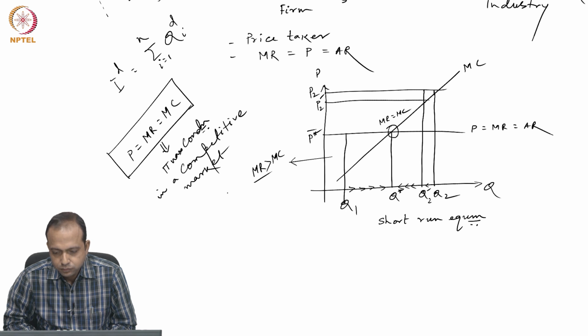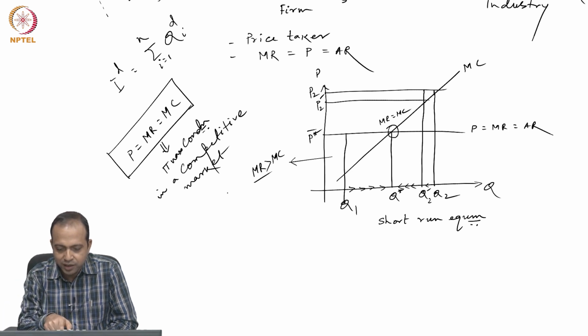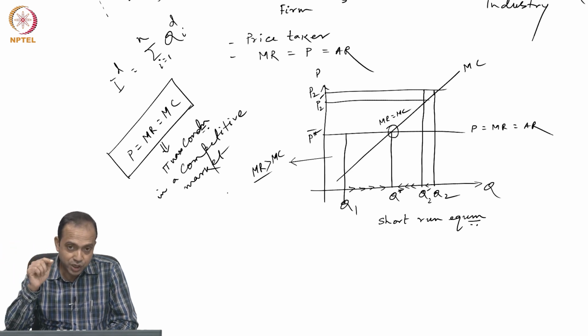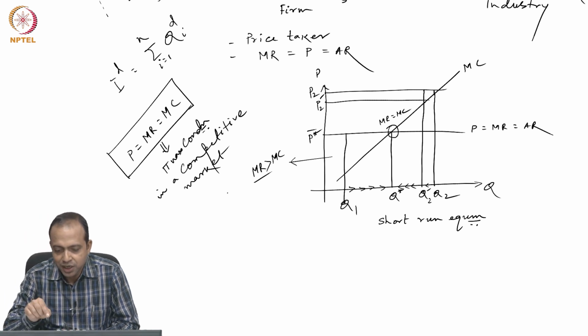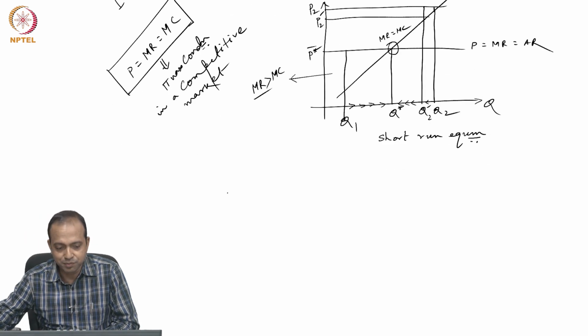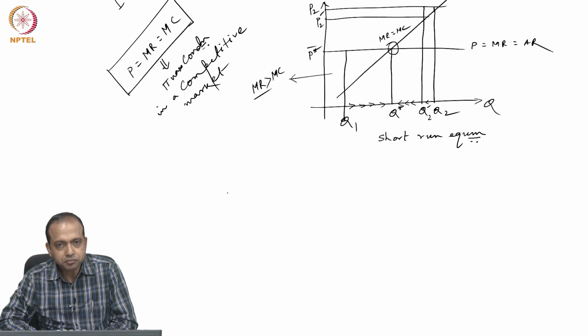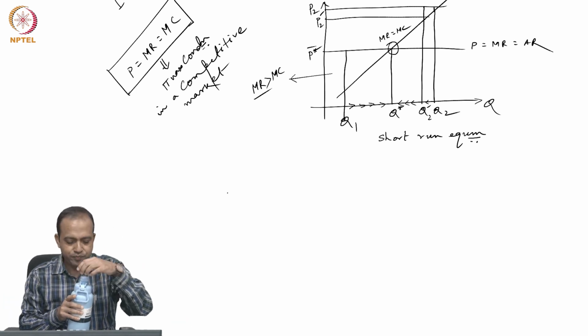As long as marginal revenue is greater than marginal cost, the firm will keep on producing, and when marginal revenue is less than marginal cost, the firm will keep on reducing the output, and at optimality MR equals MC will be achieved. And since in a competitive market price is also equal to MR, P equals MR equals MC is known as the competitive short run equilibrium.